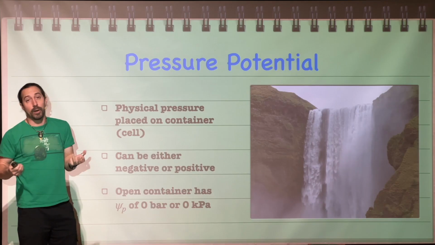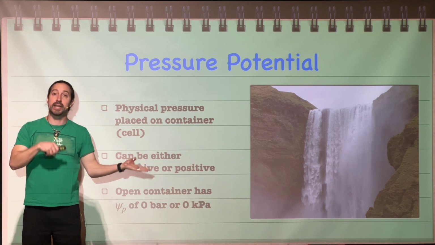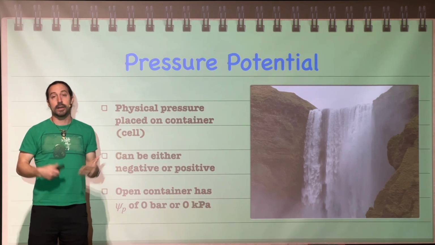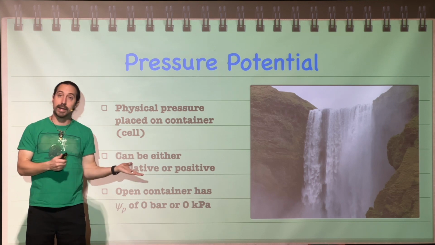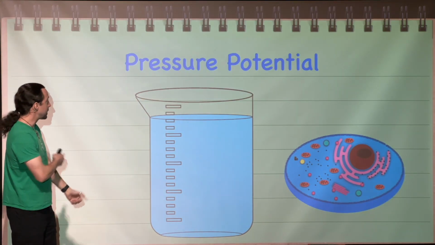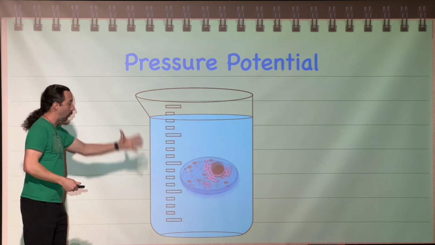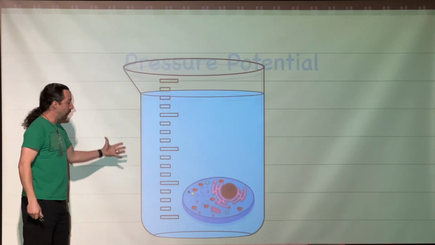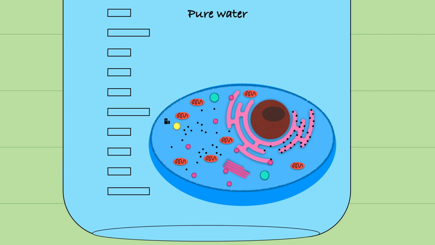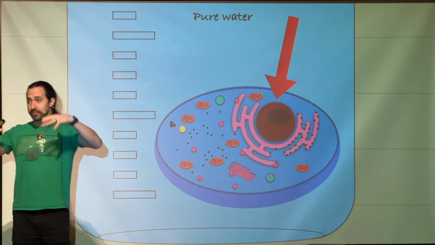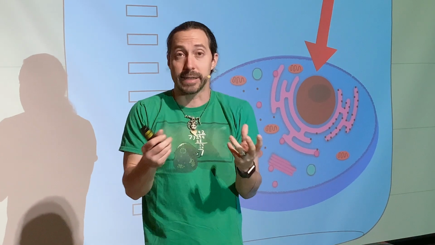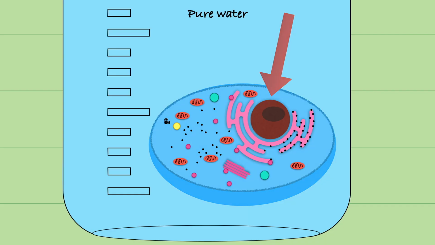And this is different when it comes down to the different types of cells that we typically are looking at, whether it's an animal cell or a plant cell. Because if we were to take an animal cell and put it in a pure water solution, what we know is that water is going to rush into our animal cell. And as water rushes in, the animal cell will expand slightly, and very quickly it will burst.